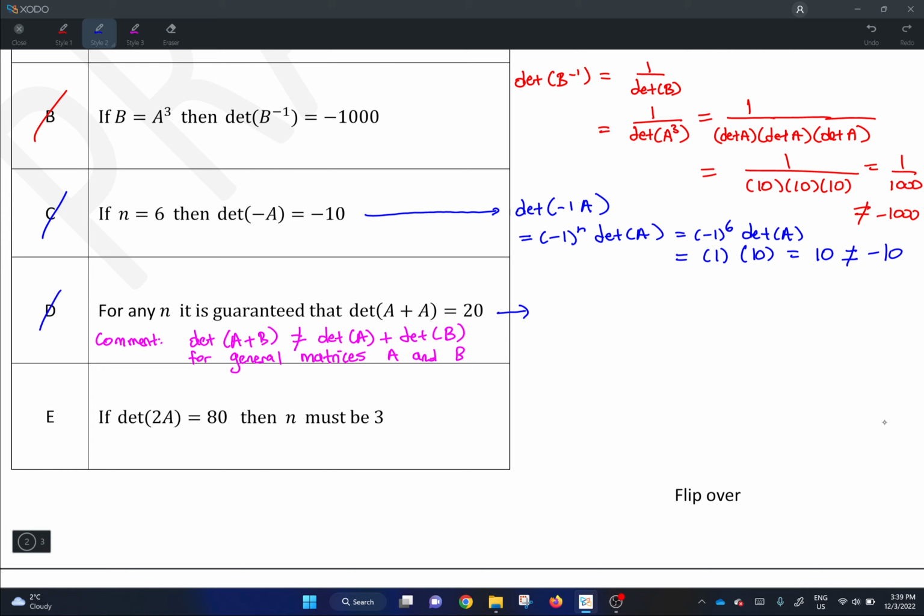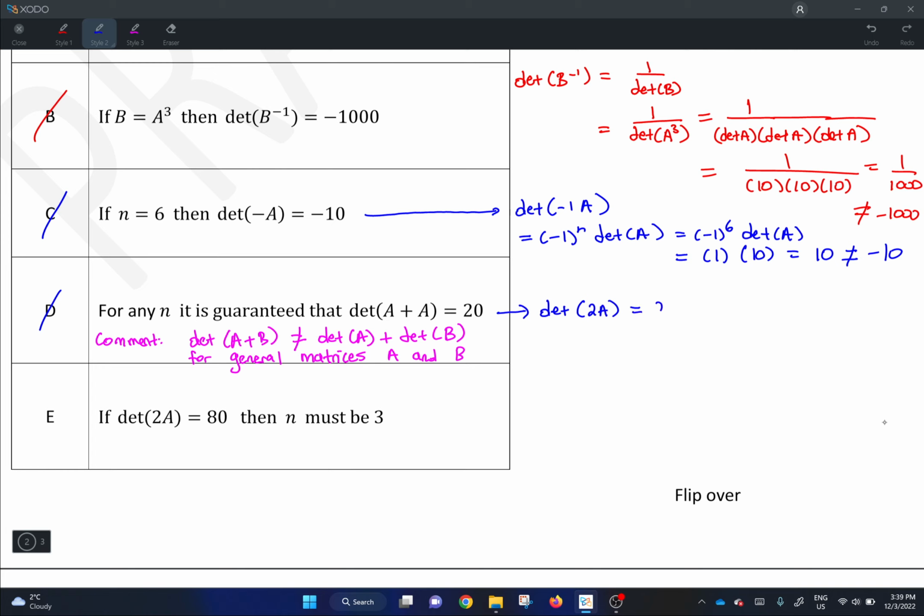You can make up two matrices in any particular size that you want, and say, here's an example. Here I did it, and nope, doesn't work. But even better than that is we can simplify this. The determinant of A plus A, so something plus itself, is 2 times that thing.